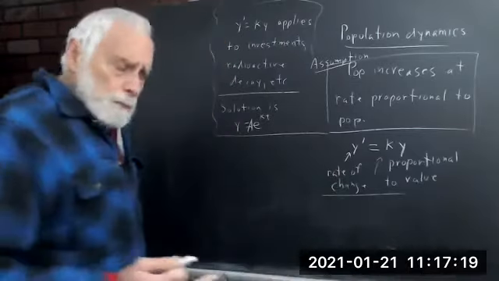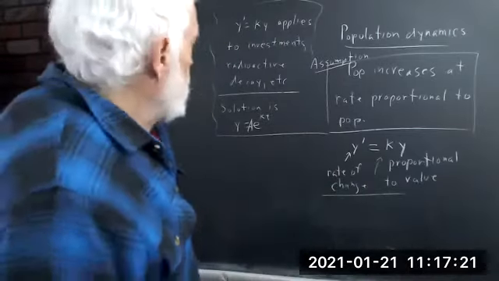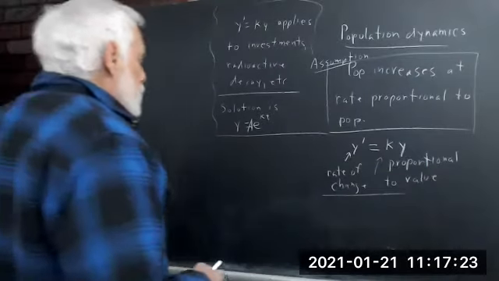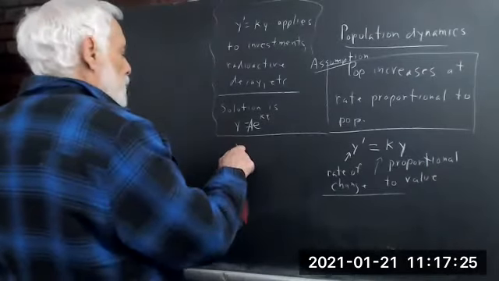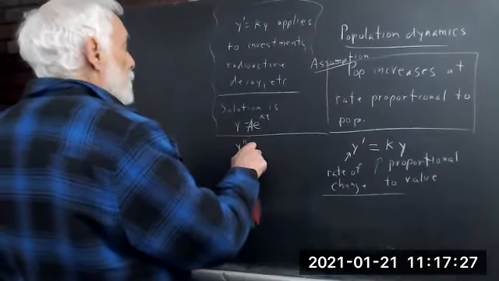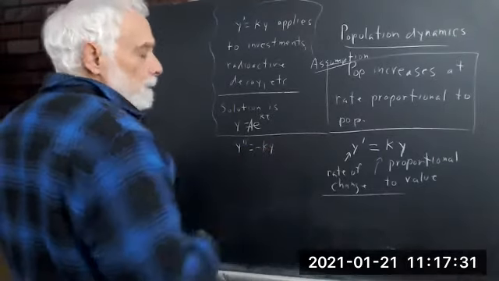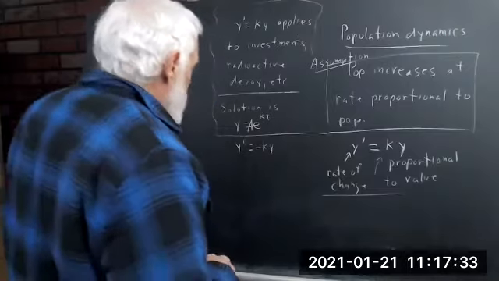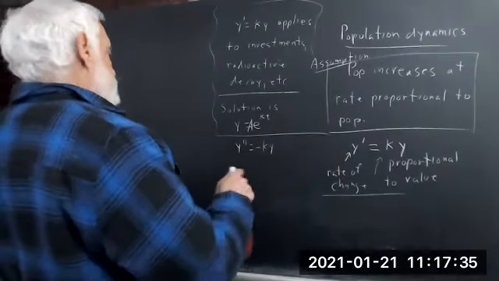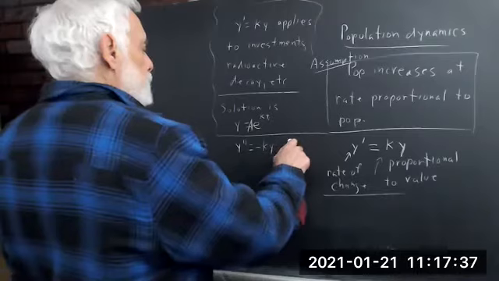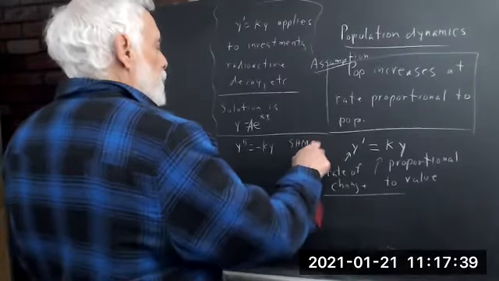Well, that's one example. Another example that looks a lot the same as the one we started with last time, y double prime equals negative ky. That's simple harmonic motion.